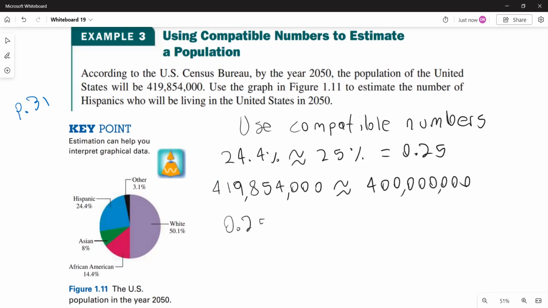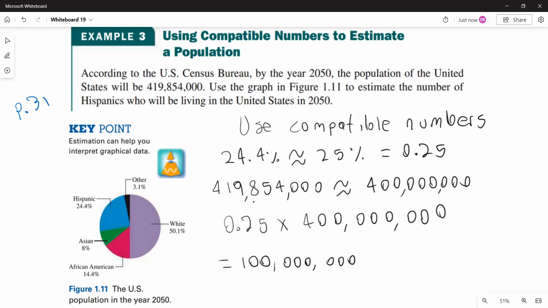This is 0.25 times 400 million, or 400 million divided by 4. 400 million divided by 4 is going to be 100 million. Okay, so approximately 100 million Hispanics will be living in the United States.